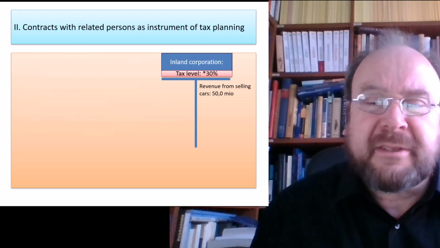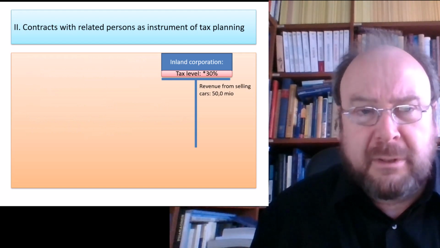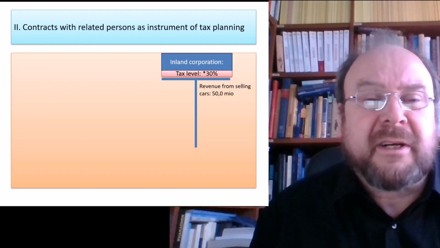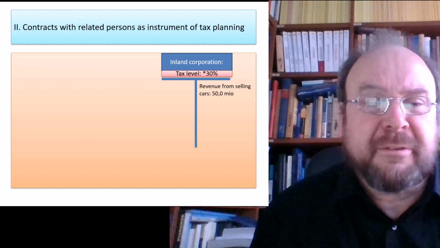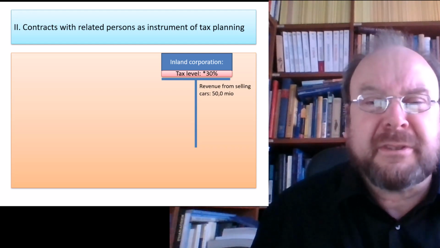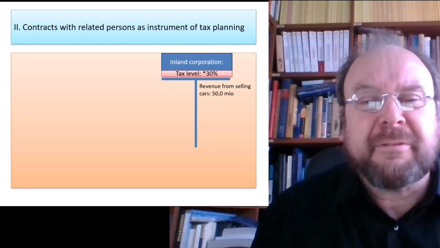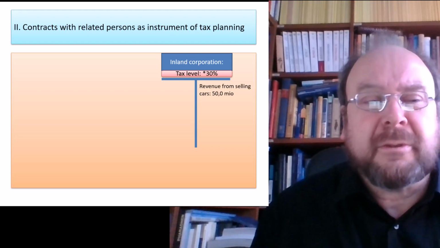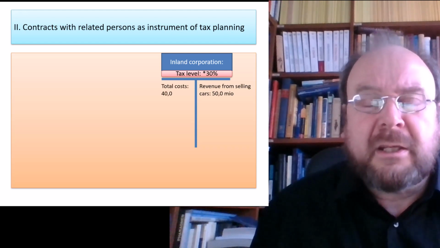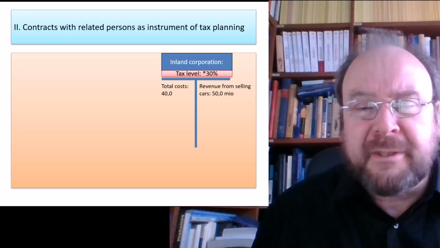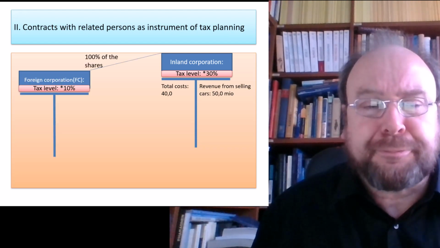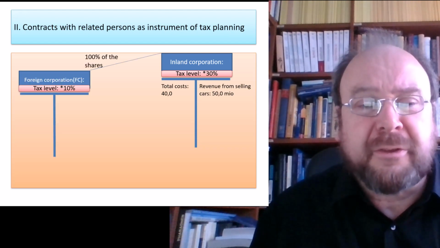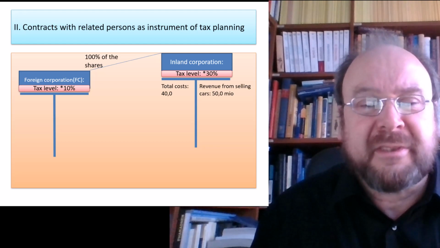Let's imagine that again. Inland corporation. Revenue from selling cars to customers shall be 50 million. However, I know 50 million is not much turnover for a car factory, but it's just for illustration. The total costs are 40 million, and now you set up that foreign corporation in another jurisdiction. 10% tax level is there.